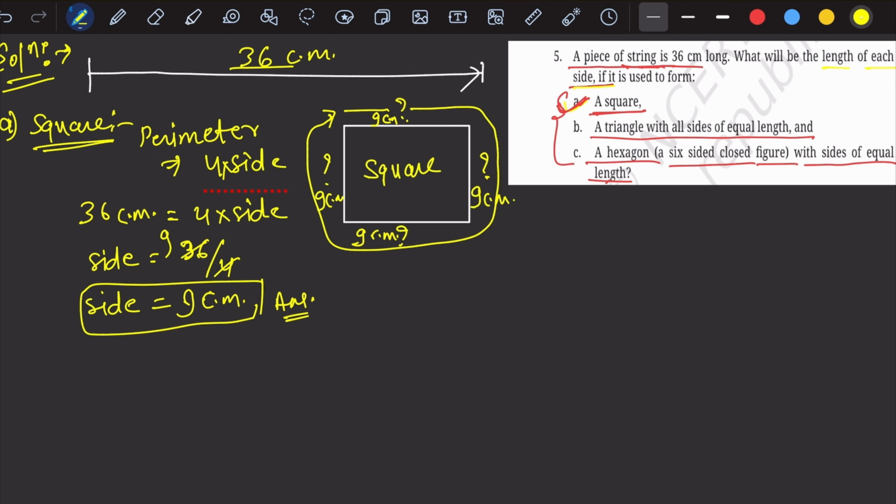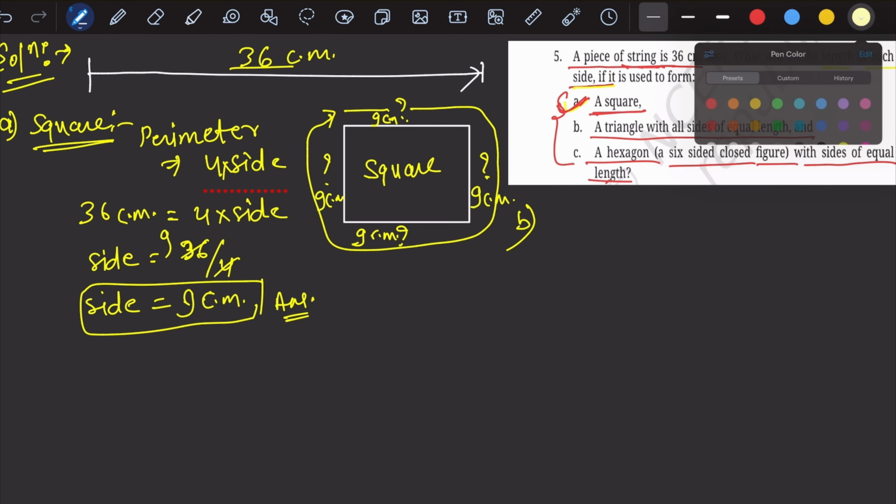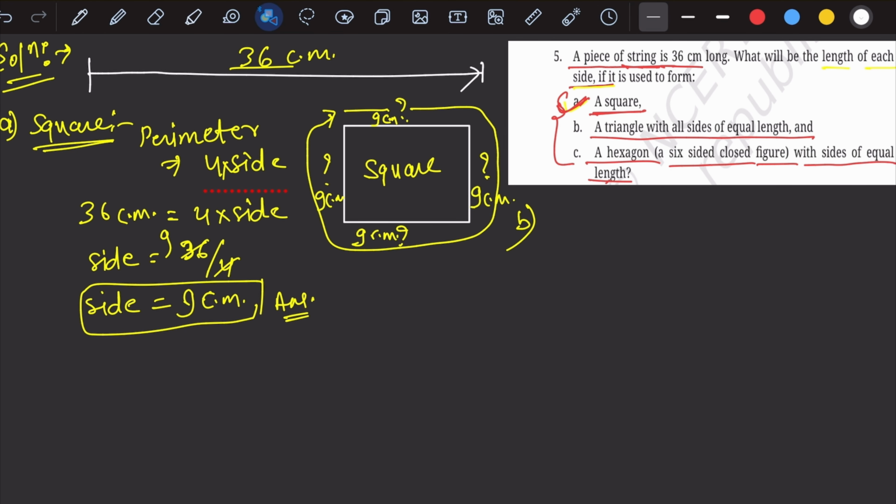Okay, now what is the second figure? The second figure is a triangle with all sides of equal length. So let me make one triangle. Let's suppose all sides are equal: this is x, this is x, this is x.